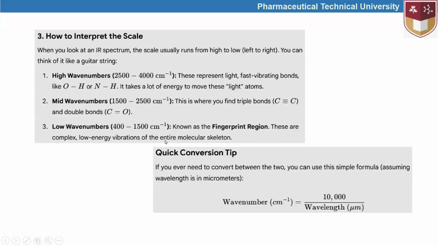The fingerprint region is used for identifying low energy vibrations of the entire molecular skeleton, or some bigger regions of molecules consisting of several functional groups. So these are the pointers we have to understand while analyzing the IR spectrum of different compounds. And this is the quick conversion tip.